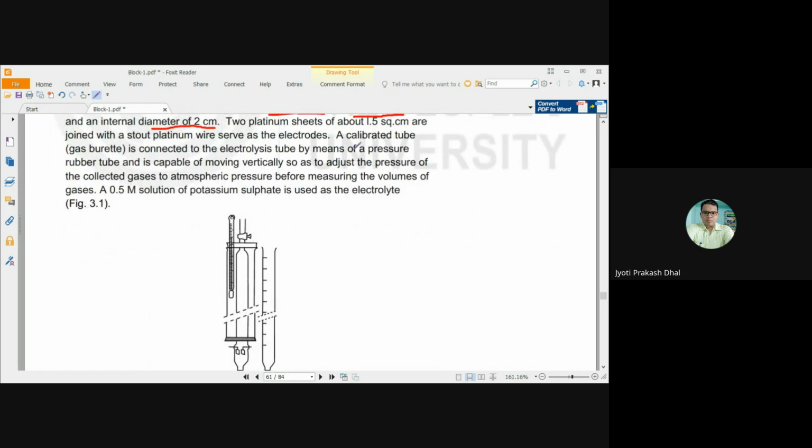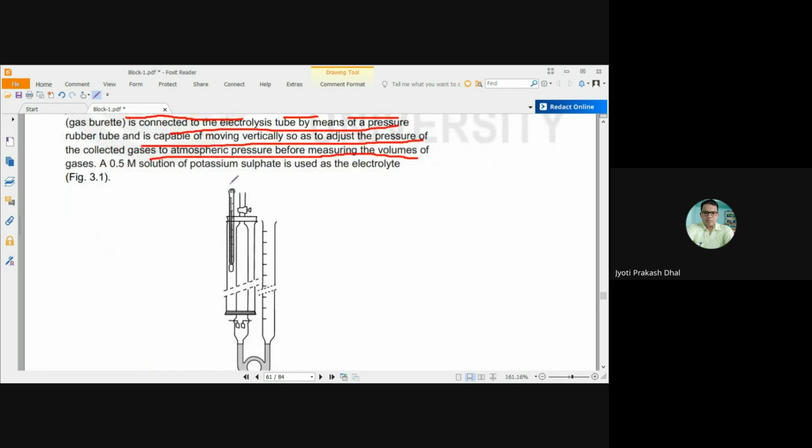Two platinum sheets of about 1.5 square centimeter are joined with a stout platinum wire that serves as the electrode. A calibration tube, that is a gas burette, is connected to the electrolysis tube by means of a pressure rubber and is capable of moving vertically so as to adjust the pressure of the gas to atmospheric pressure before measuring the volume of the gas.